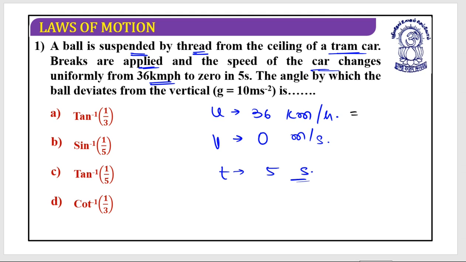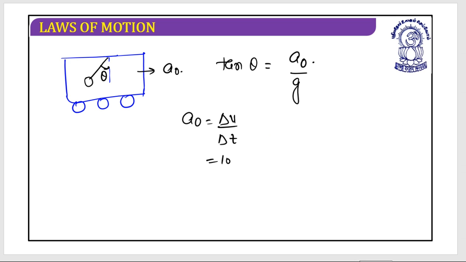If I convert this to SI unit, it's 36 multiplied by 5 by 18, which should be 10 meter per second. Yes, 18 twos are 36. So from 10 to 0 within 5 seconds, it's 2 meter per second square. So that should be 2 divided by 10, which is equal to 1 by 5.